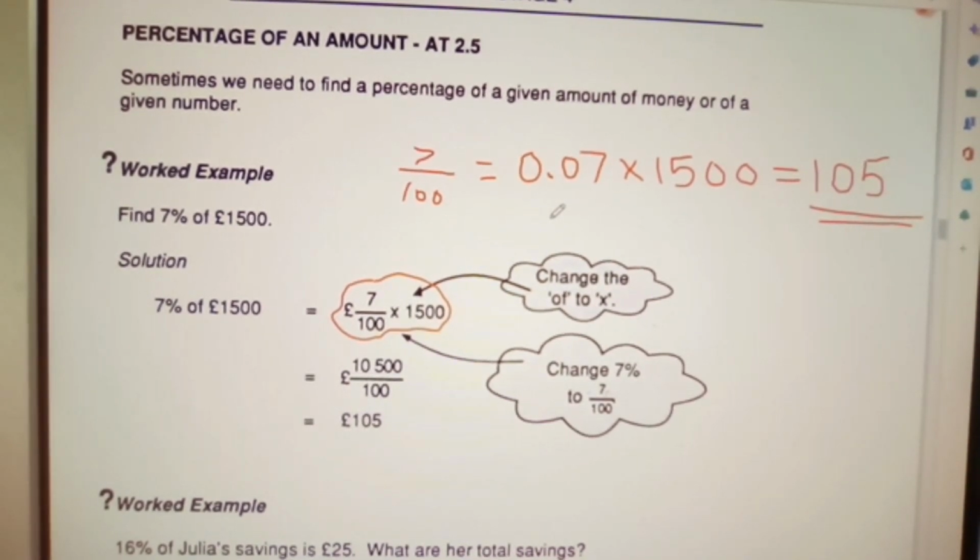All right, and you can find your own method of doing that. Now, they haven't done anything different here to what I've done. Change the "of" to times, okay, and that is your "of" function here. Remember, that is "of", okay, so that's what they're trying to say to you. Change that to times, okay.